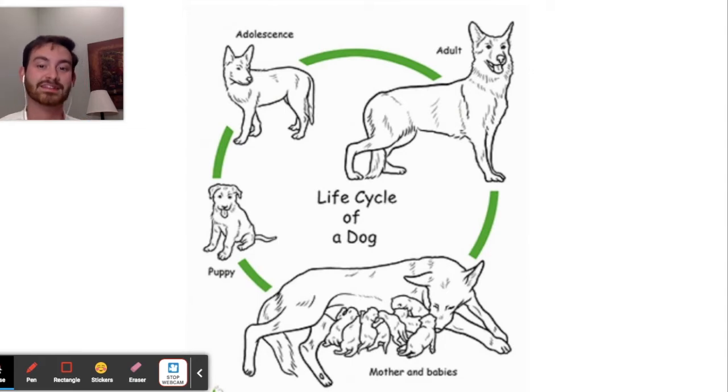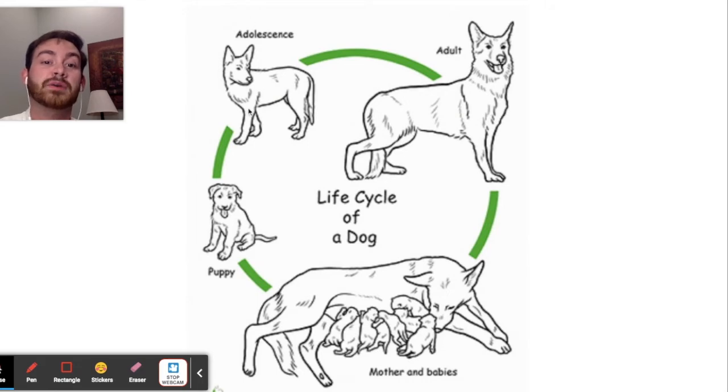So here is the life cycle of a dog. Now, we all know that puppies are the youngest stage, the babies of dogs, and that is the beginning of the life cycle of a dog. That puppy is going to grow up into the adolescence stage. That's kind of like being a teenager.